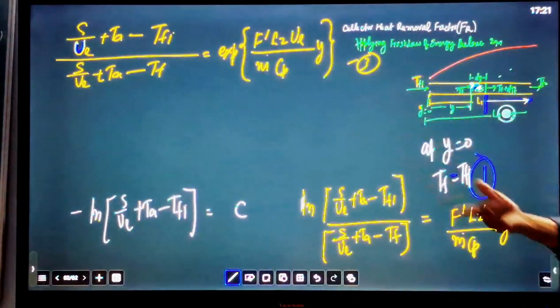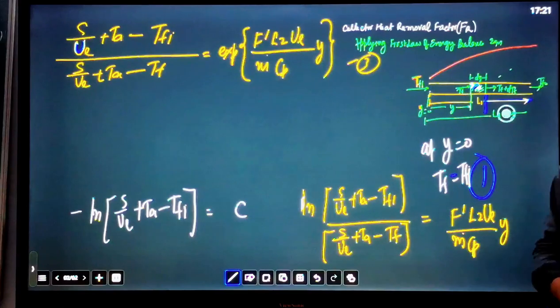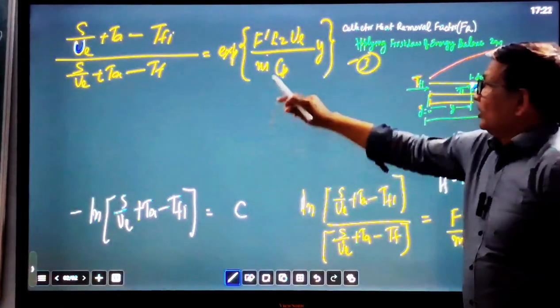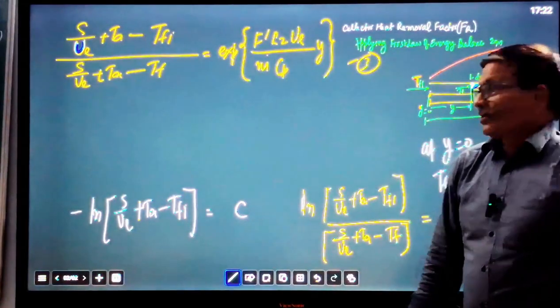If we reverse this ratio, just to manage the equation, the exponential term only becomes negative.